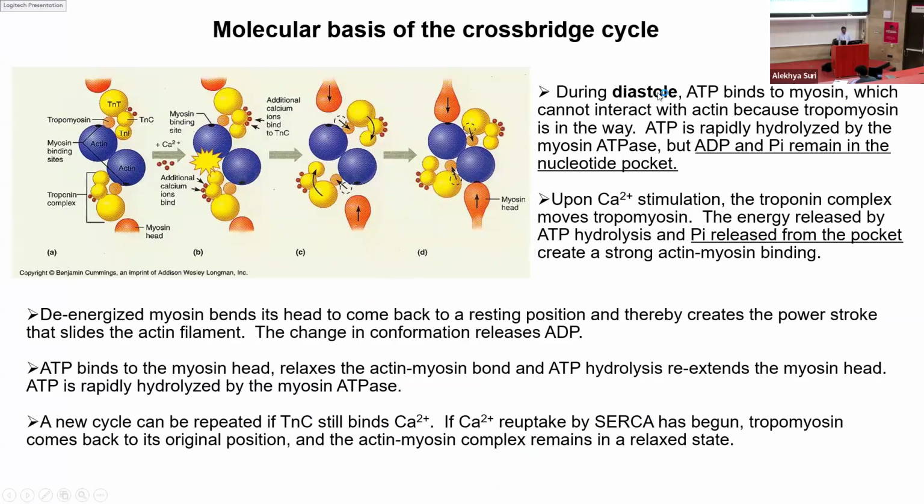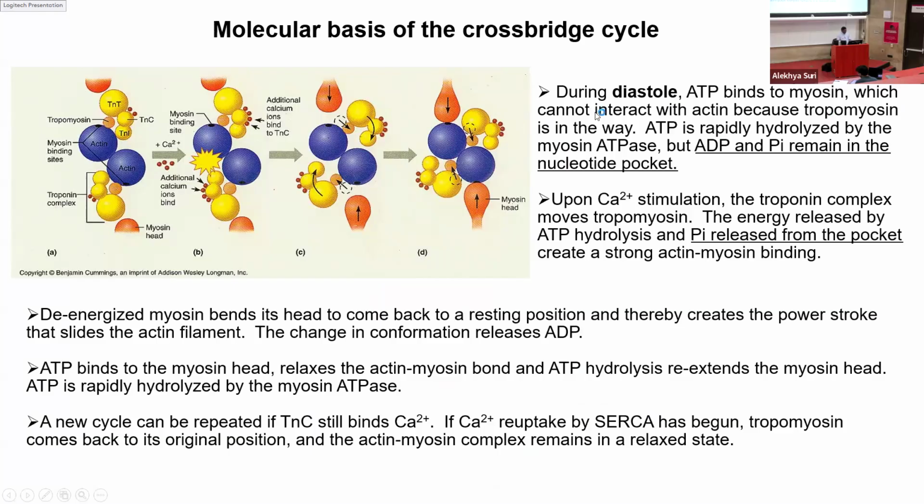So during diastole, during muscle relaxation, the ATP binds to myosin. However, it cannot interact with actin molecules because the tropomyosin prevents the actomyosin interaction.